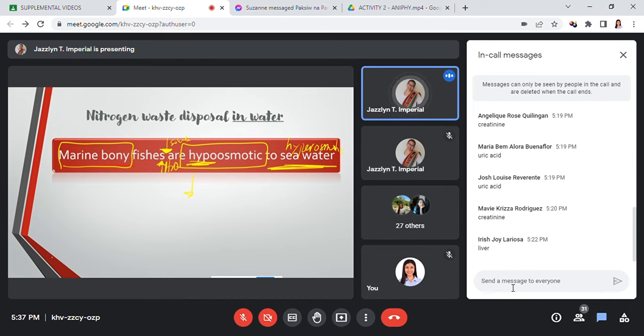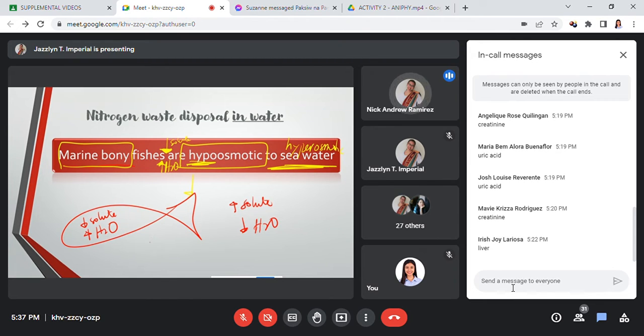So, if we will draw that, this is your fish, with low solute and high water. Seawater has high solute and low water. If you apply osmosis, what is the direction of the movement of water, out of the organism or into the organism? Out, ma'am.